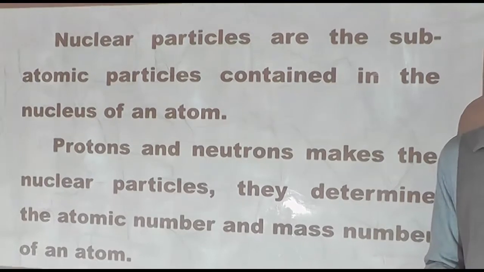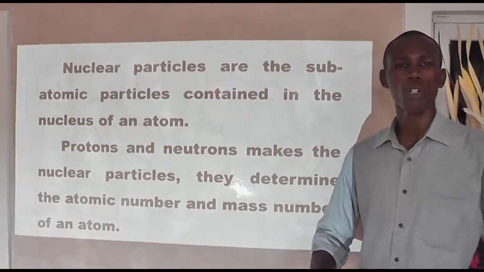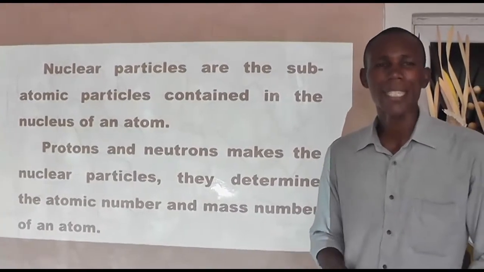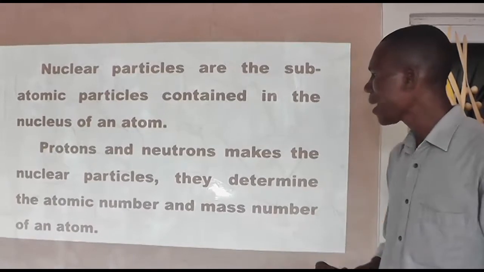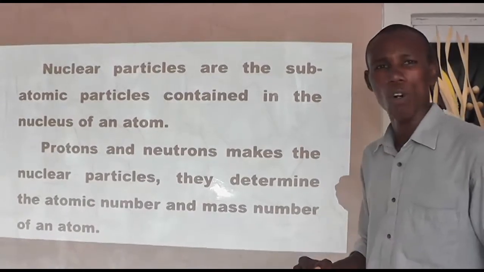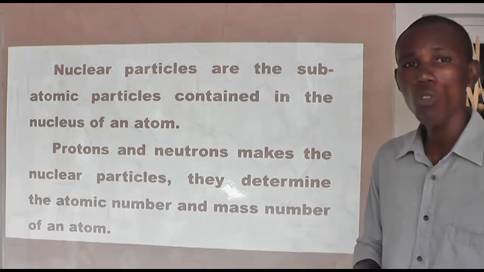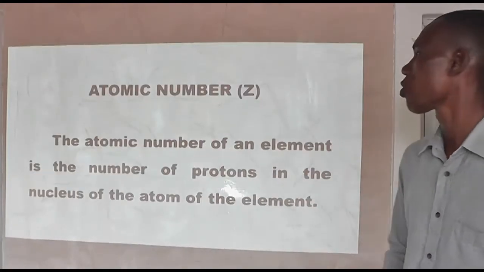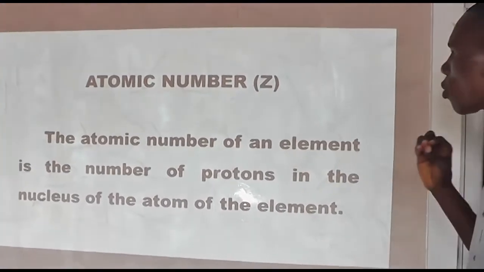Of course, the atomic number of an atom is the number of protons present in the nucleus of that atom, while the mass number of an atom is the number of protons and neutrons present in the nucleus of an atom.